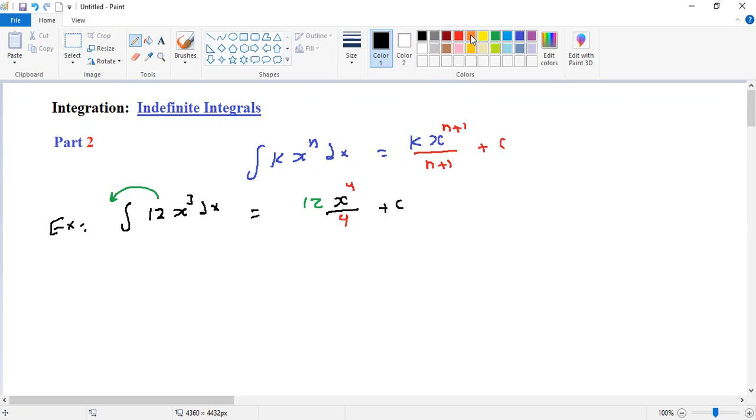This can be simplified. We divide 12 by 4, which is 3. So the answer is 3 x to the power 4 plus c.